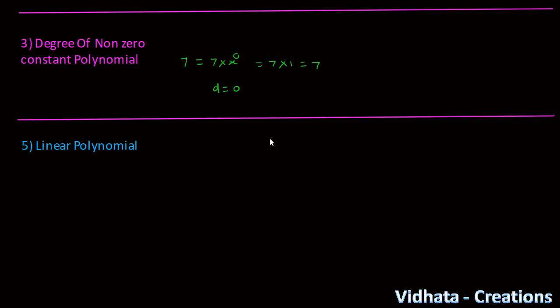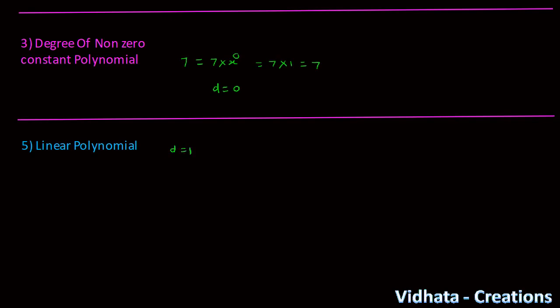Now, let us take another example: the linear polynomial. First of all, let us see what is meant by a linear polynomial and what the degree of a linear polynomial is. A linear polynomial is a polynomial having degree equal to 1.